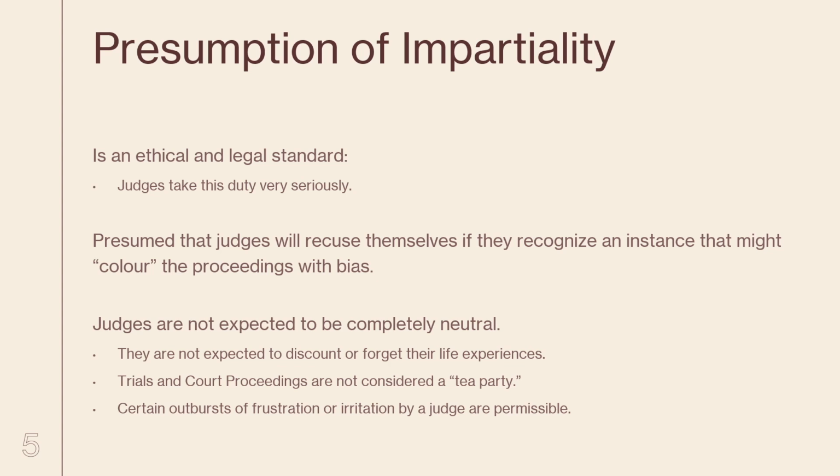And I'll say that in the vast majority of cases, it is the judge's own motion that leads to their recusal, just because judges do take it very seriously that they do not want to give off any sort of appearance of bias. They respect the ethical principle that they owe the public a duty to appear as impartial and professional triers of fact.